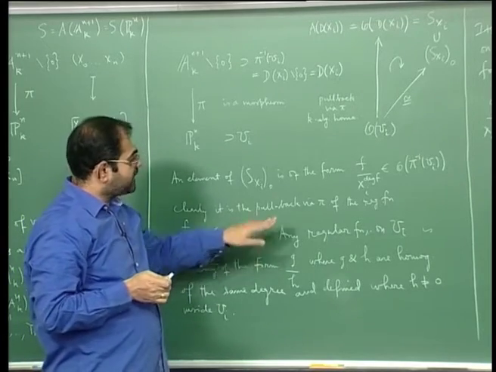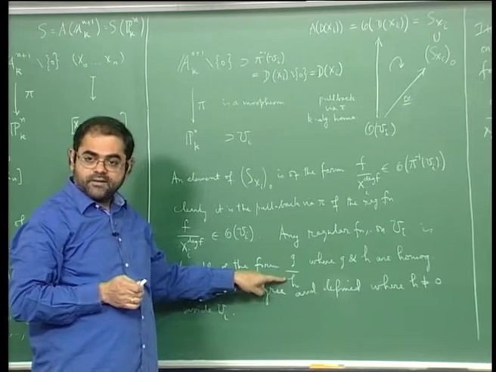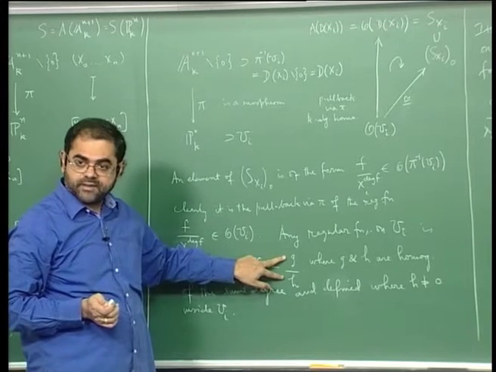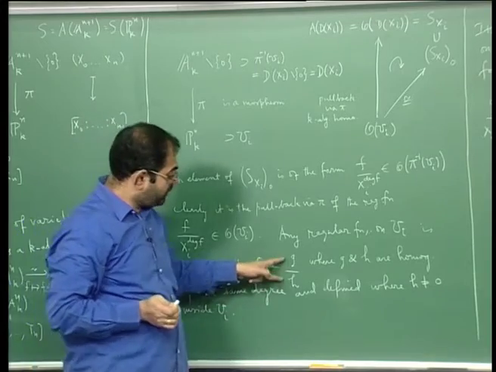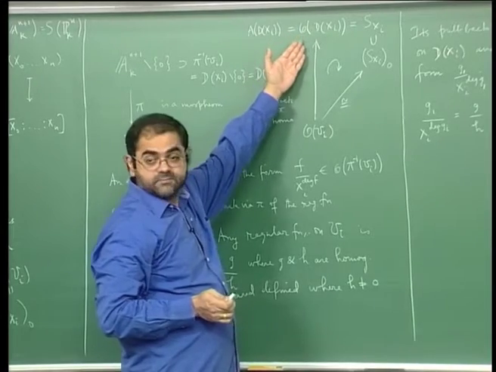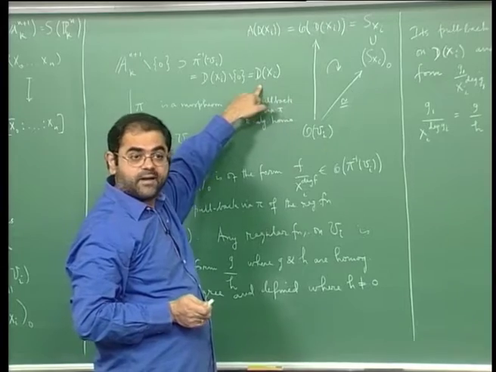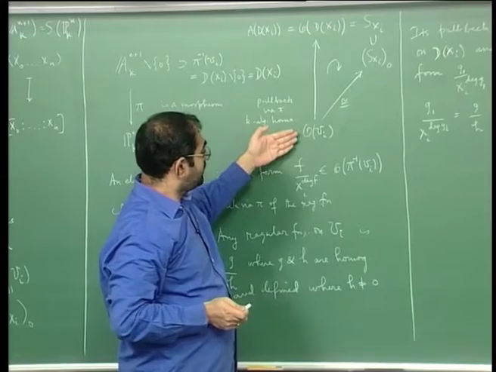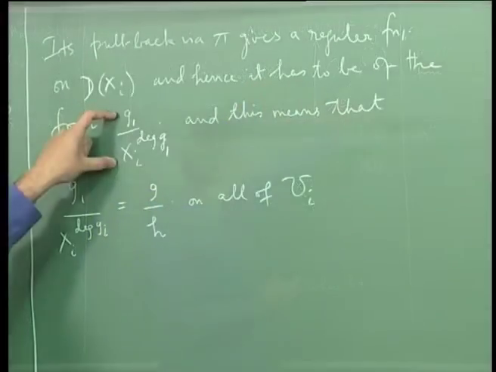Therefore I start with a regular function here, an element here, which is locally of the form g by h. It may have locally many representations, but I am just taking one such representation g by h, where g and h have to be homogeneous of the same degree. Now if I pull this function to the punctured affine space above, I will land in D(xi), and locally on D(xi) the regular function that I get by pulling back this regular function on Ui has to be this.